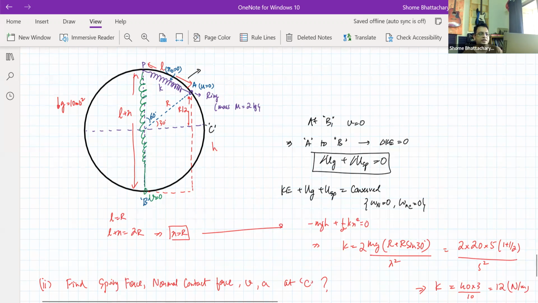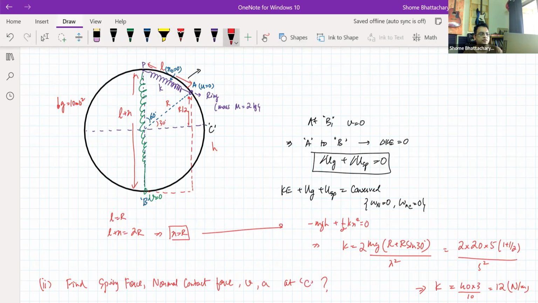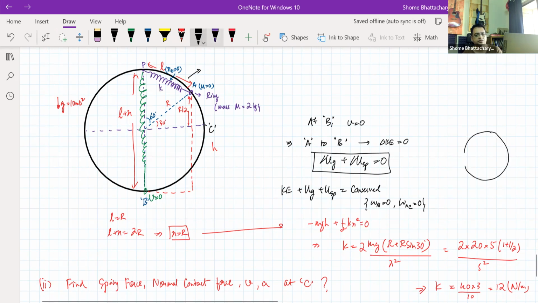In the same way, if you want to do the analysis of forces at B, you can look at that too. When the ring is at that point B, as far as forces are concerned, there is spring force, there is mg, and there will also be some kind of normal contact force, which will be like this, because at this point its acceleration has become 0, its speed has become 0.